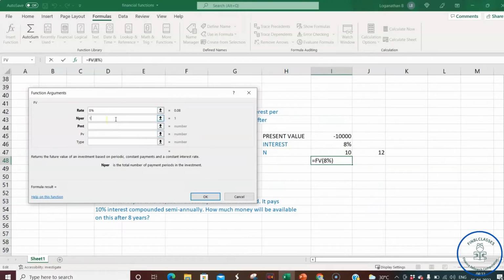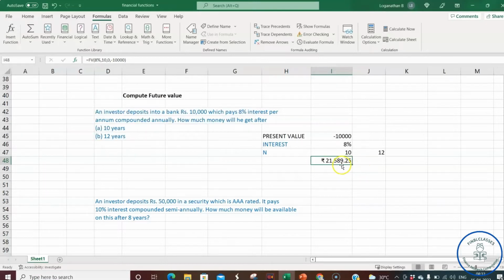Then there is no annuity value, so I put it as 0. And present value, we have 10,000, right? Today, the investor has deposited in the bank 10,000 rupees. So minus 10,000. Then I press OK. So you find that the value is 21,589.